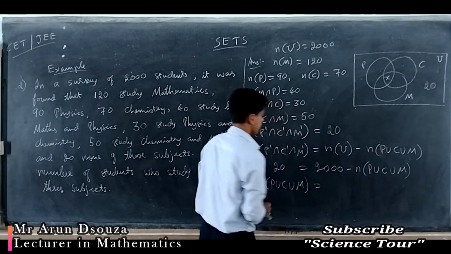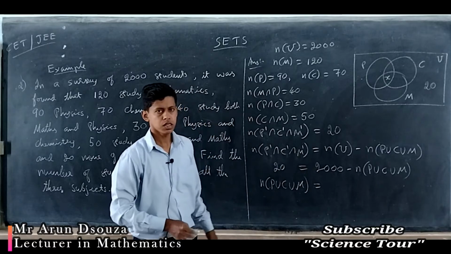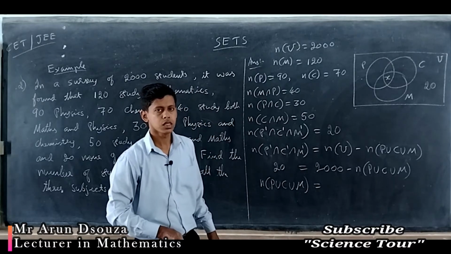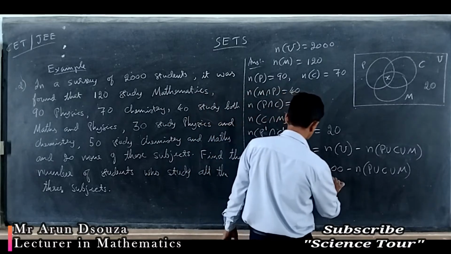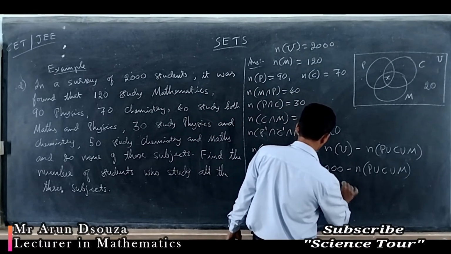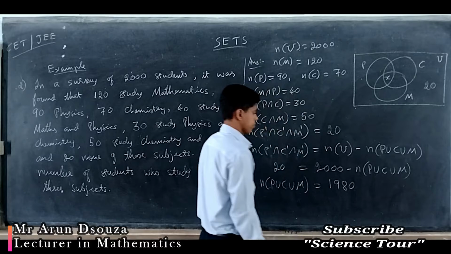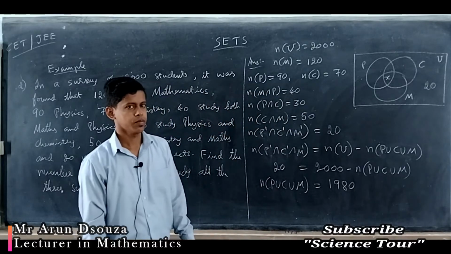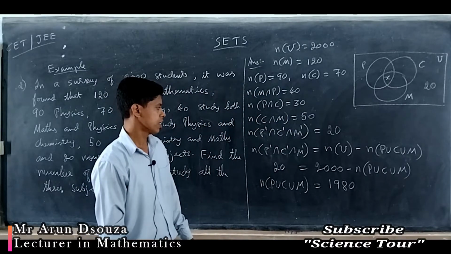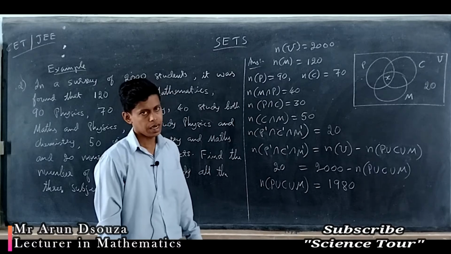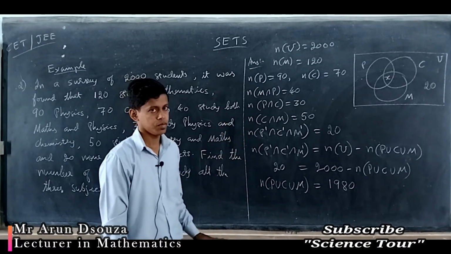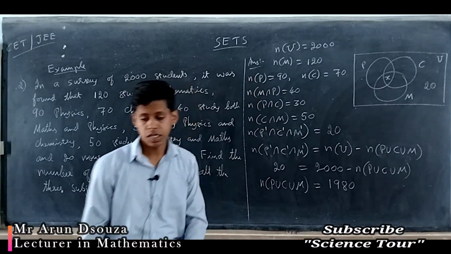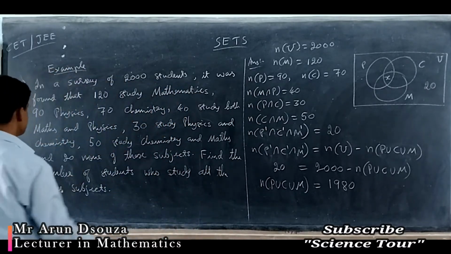Straight away shall we write 2000 minus 20, right? So that is 1980. Correct. So 1980 is the union of all the three. See, we have all the data here, so I'm going to erase this.